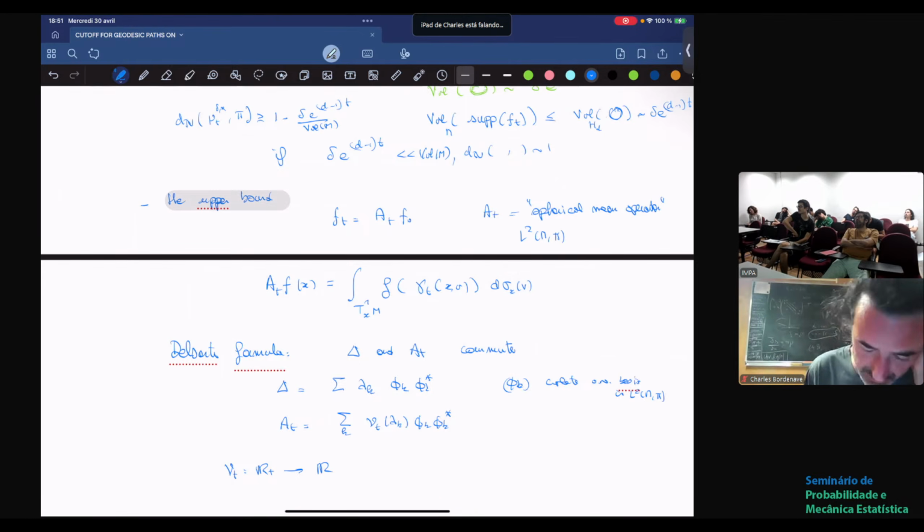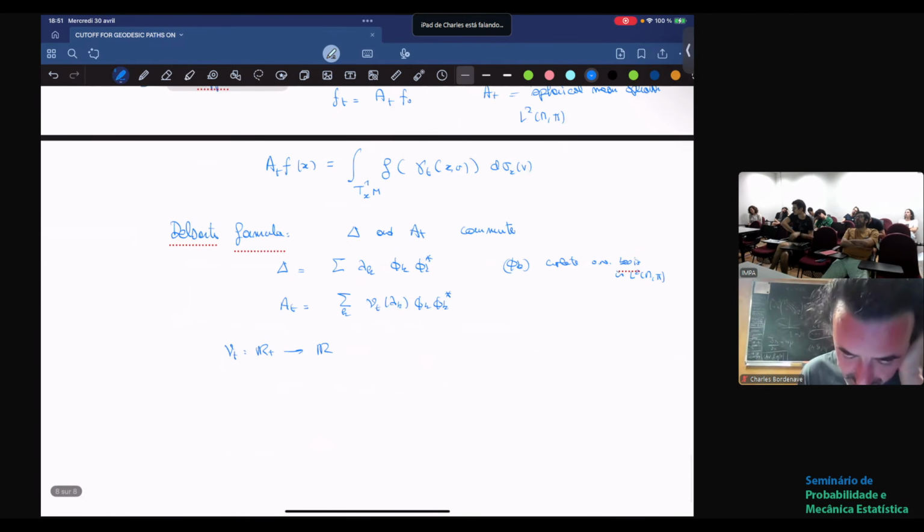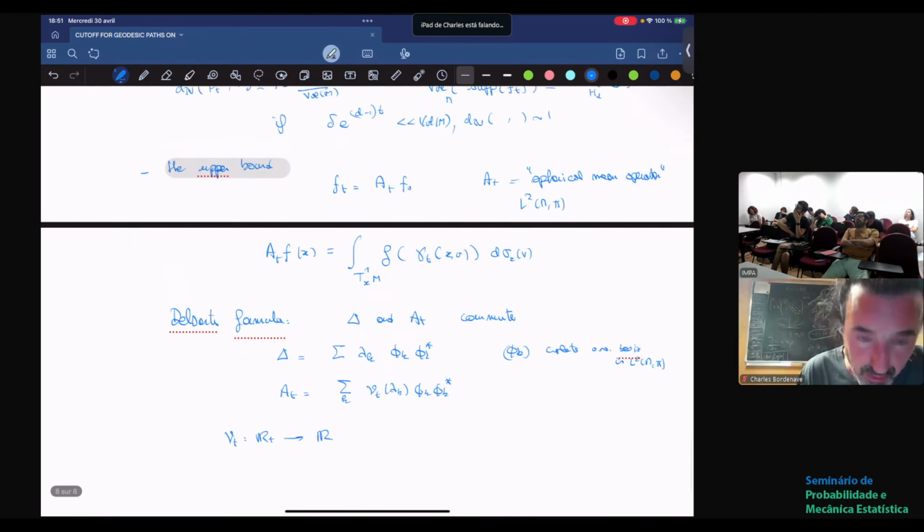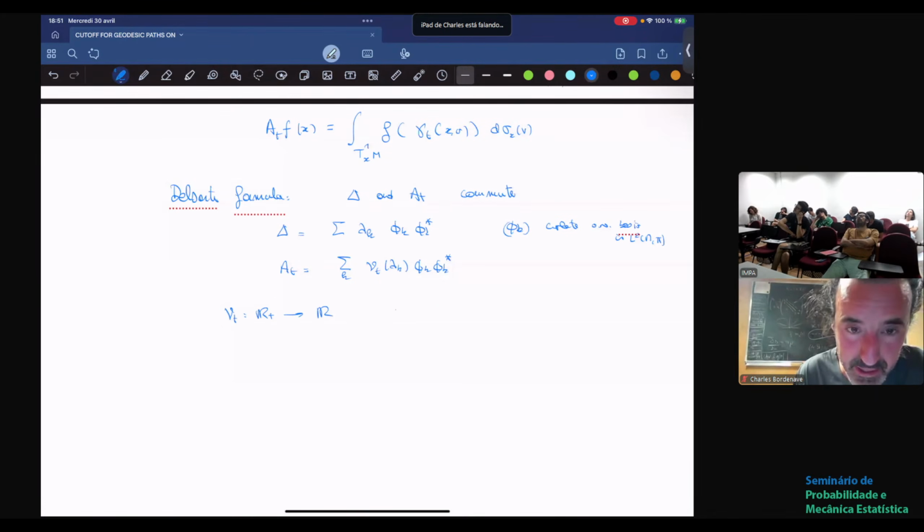The Delsarte formula gives you an expression for nu_t(lambda) as an integral in dimension d. We have a proposition which gives an explicit formula for this function.